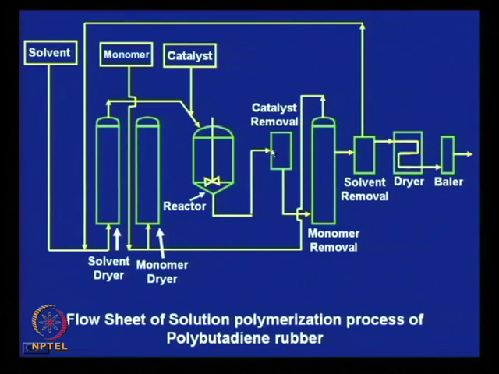Then that catalyst needs removal. After removing the catalyst from the polymer, this monomer is removed, solvent is removed, and both these monomers and solvents all are recycled to the silos, okay. Silos are not shown over here. So, this unreacted monomer and solvent, they are collected from the polymer and recycled for reuse.